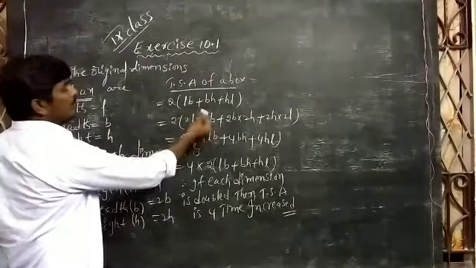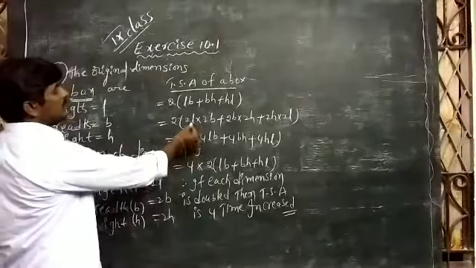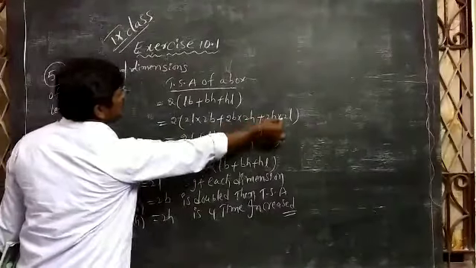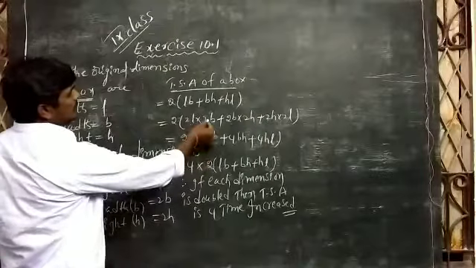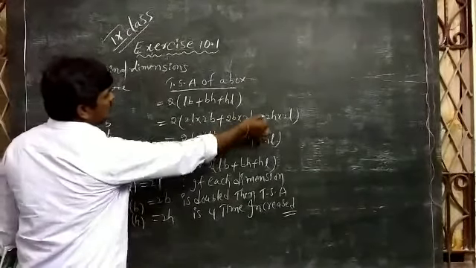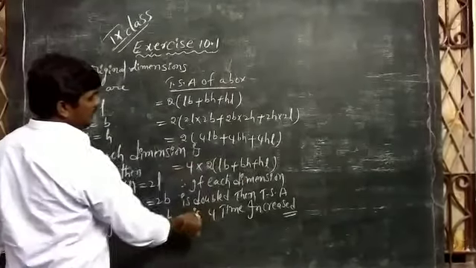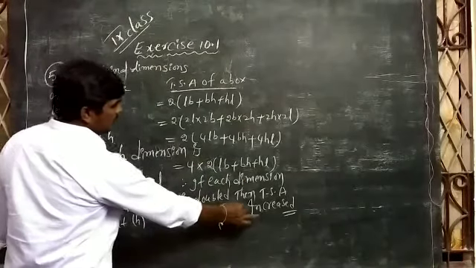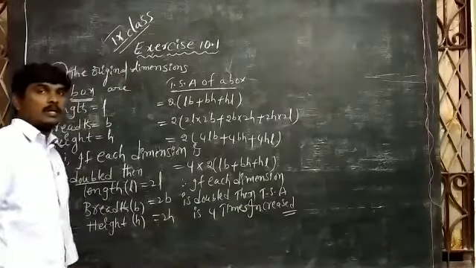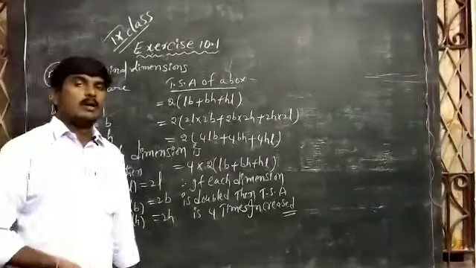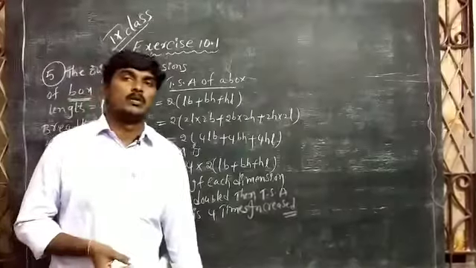Here 2 becomes 3, that is the only small change. 3L, 3B, 3B, 3H, 3H, 3L. Here 3 threes are 9, 3 threes are 9, 3 threes are 9. 9 is common, so 9 into the same expression will come. Here in place of 4 times, 9 times you can write. That's all. I hope you can do that question.